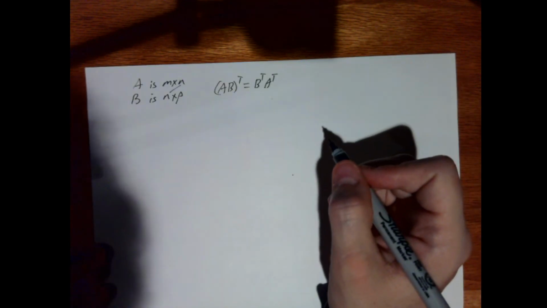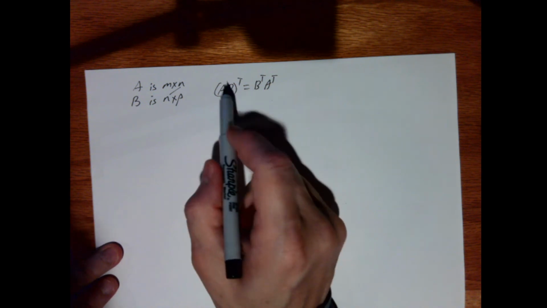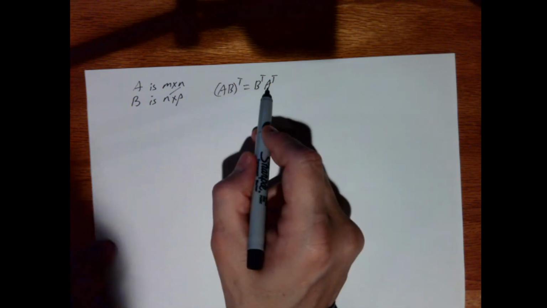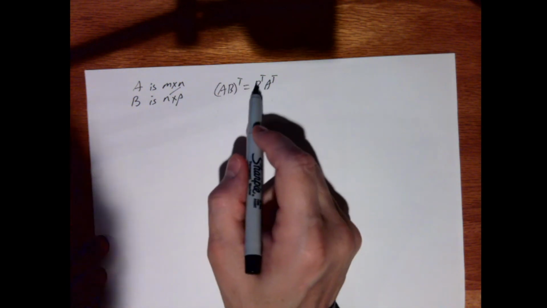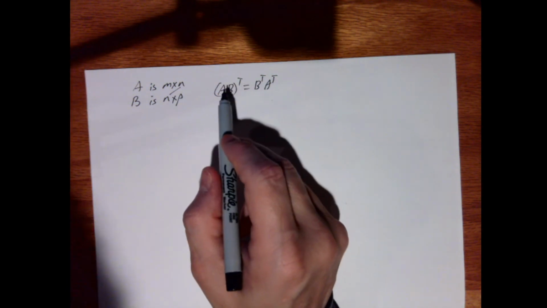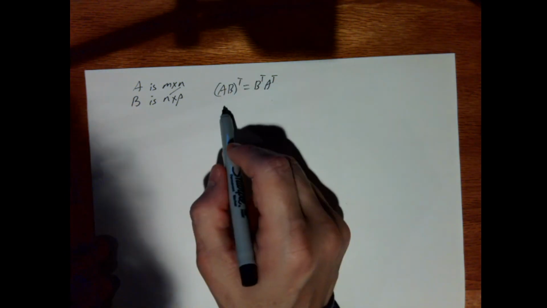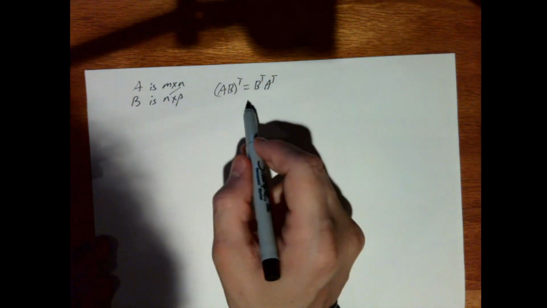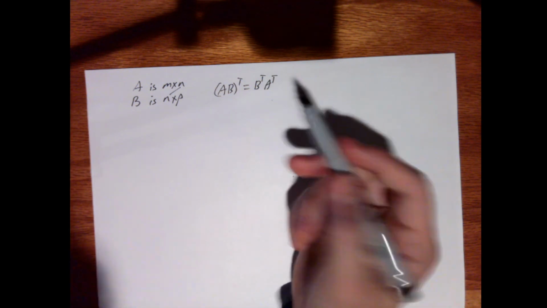Now, is that really true? The mistake to make is to look at it and say, well, since the shape of this has to be equal to the shape of this, then I know it's true. But that's not correct. The shapes obviously have to be the same, but as we saw with commutativity, if A and B are both N by N matrices, then AB is N by N, and BA is also N by N, but AB doesn't have to equal BA. So that's not the proof.